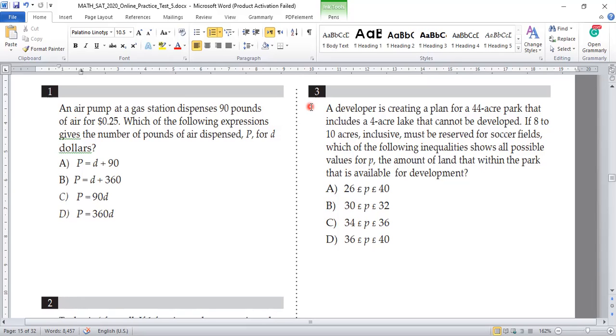So all possible values of P, the amount of land within the park that is available for development, it would just be 44 minus 8 or minus 10.